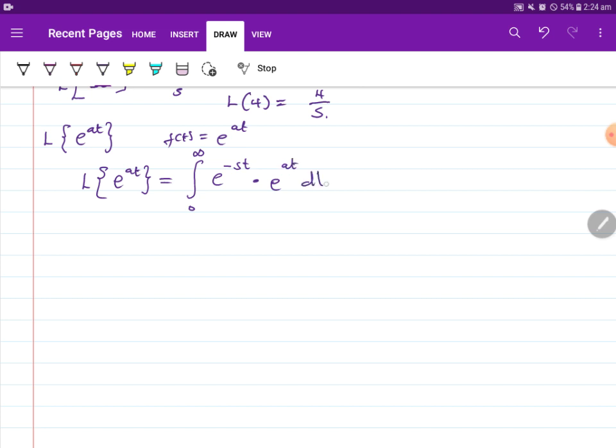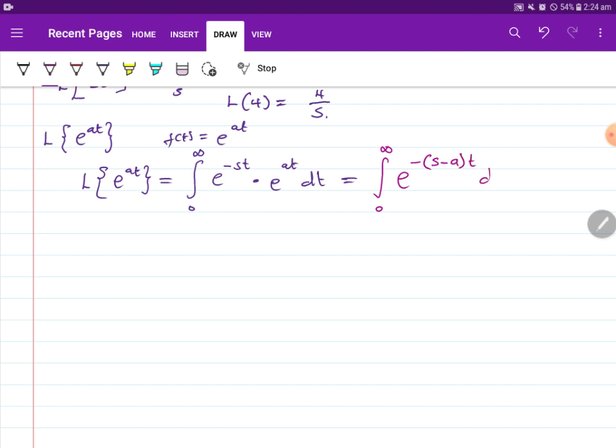Now from the law of indices, this is the same thing as the integral from 0 to infinity of exponential minus, since the bases are equal, you add the powers together, so minus into bracket s minus a close bracket t.